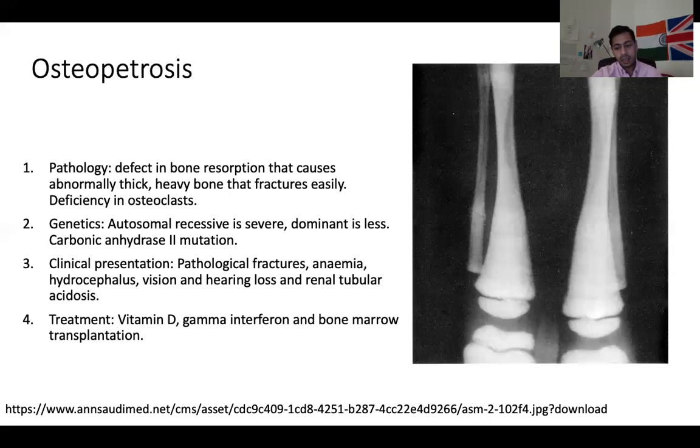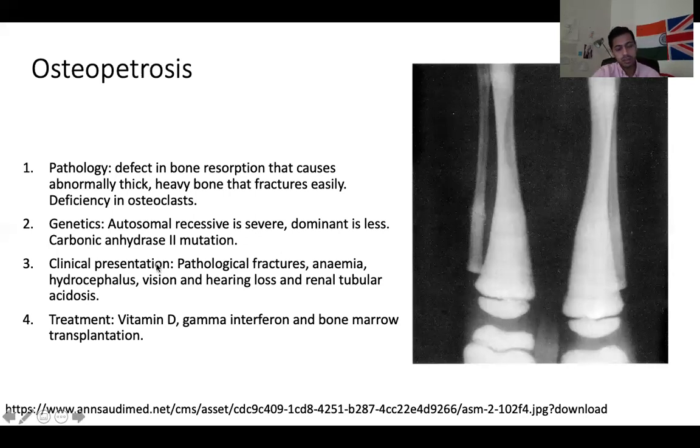And finally, renal tubular acidosis. It can cause renal tubular acidosis because the carbonic anhydrase 2 mutation causes decreased bicarbonate, HCO3, and that in turn leads to metabolic acidosis.